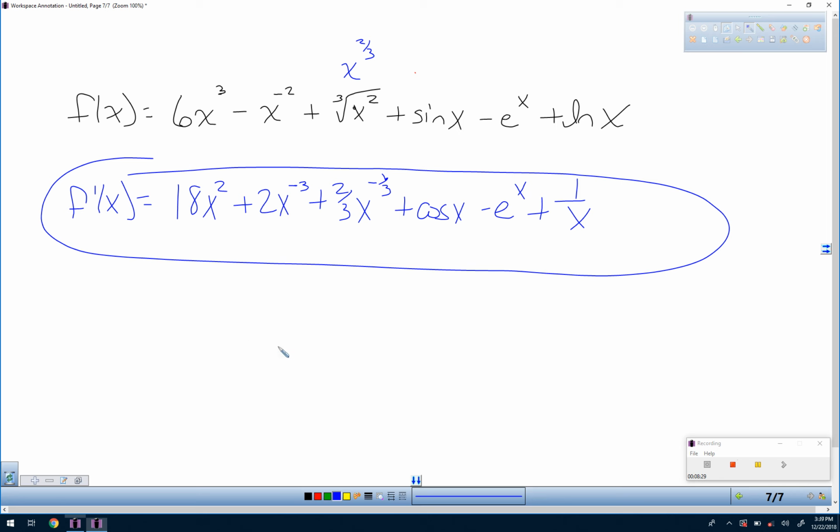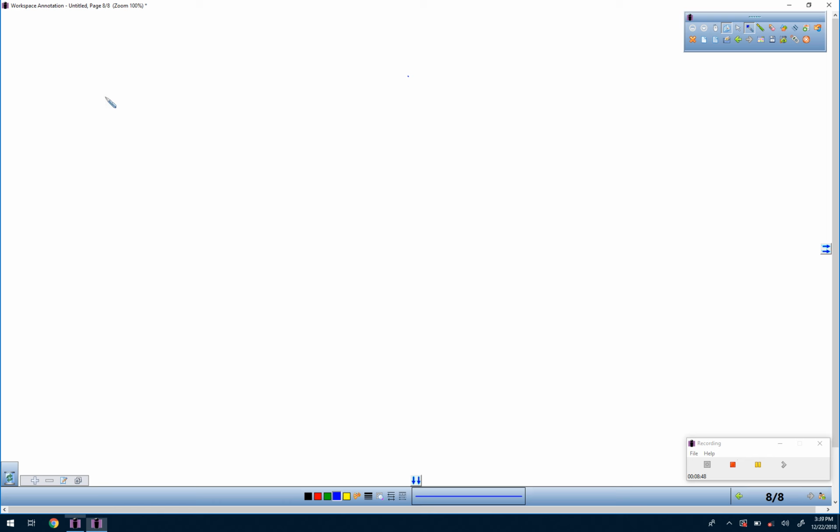So again, there are a lot of derivative rules, and there are different problems that you can look at. Sometimes you might have to rewrite some things. For example, let's say that you had a function, 4 over 5x to the 4th. You could rewrite that as simply 4/5 x to the negative 4.